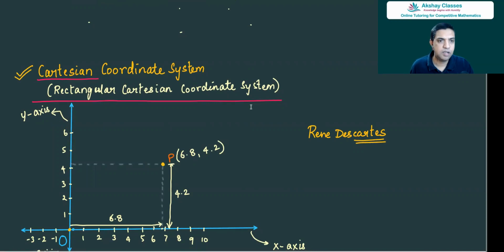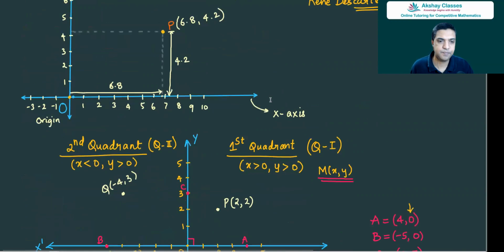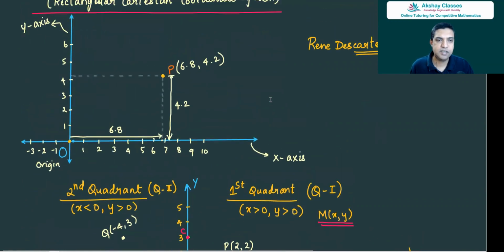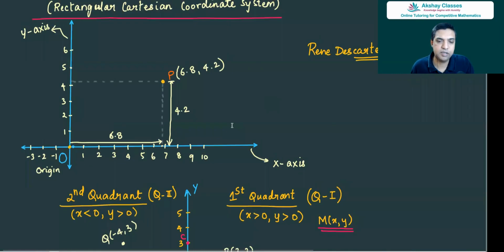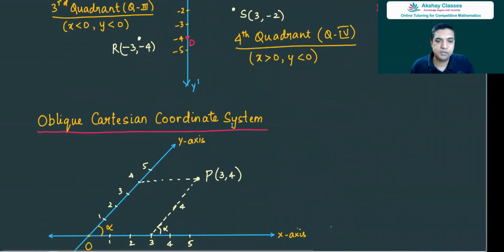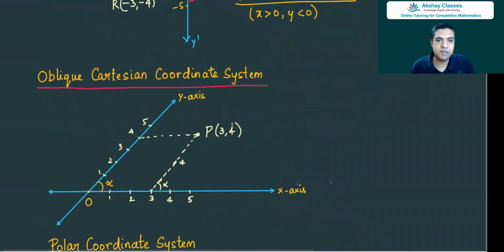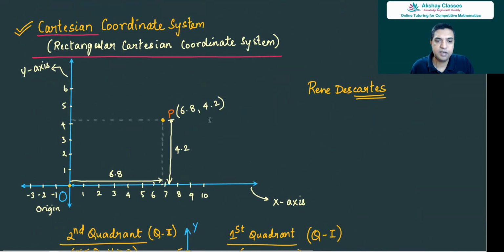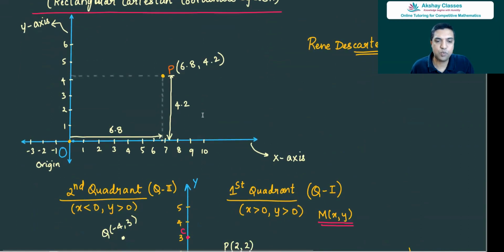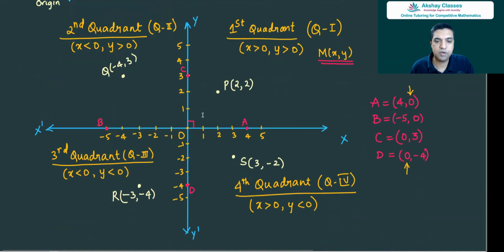And we are working with rectangular Cartesian coordinate systems in which x and y axis meet at a point called origin, and x and y axis are perpendicular to each other. That is why it is rectangular. And any point in space can be written in terms of x comma y. X represents x coordinate, y represents y coordinate or ordinate.